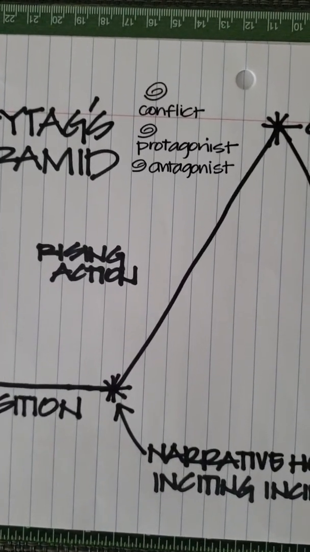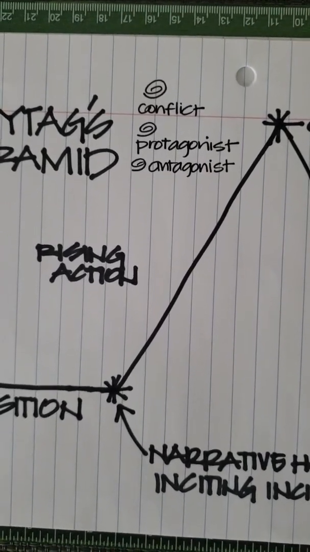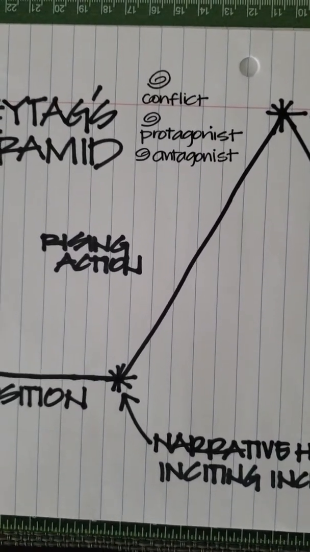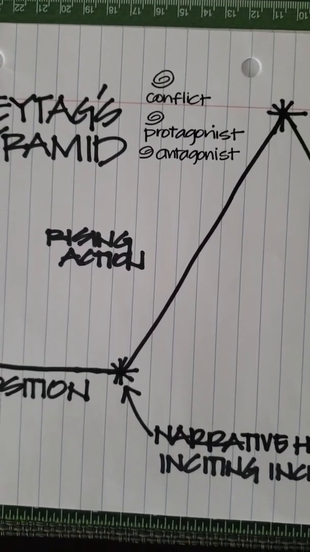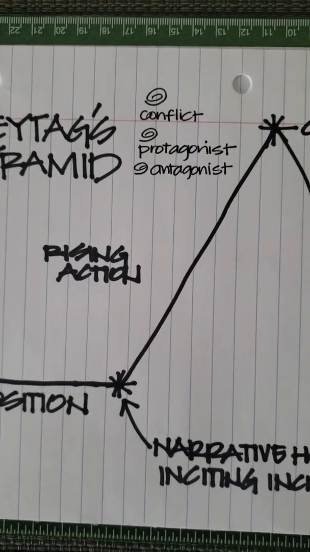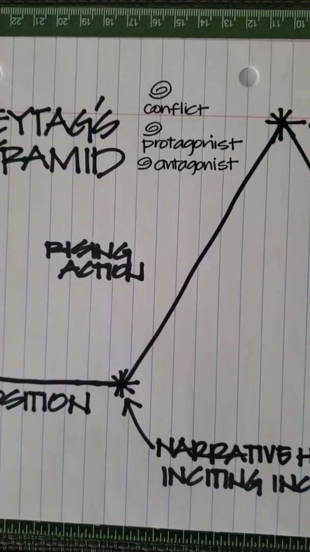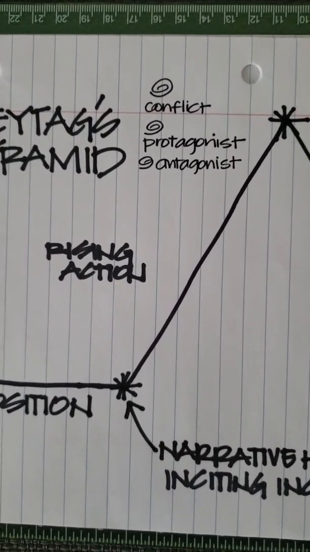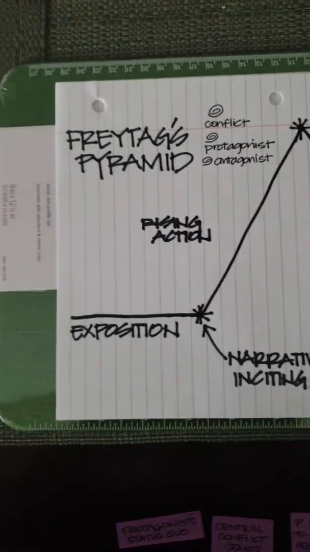It's not usually quite that simple, but the protagonist is the main character and the person that we're most interested in the story. The antagonist, of course, is the person who stands in opposition to the protagonist, the person or the thing or the force that creates problems for the protagonist and gives him or her something to struggle against. So keep those terms in mind as we continue talking about plot.